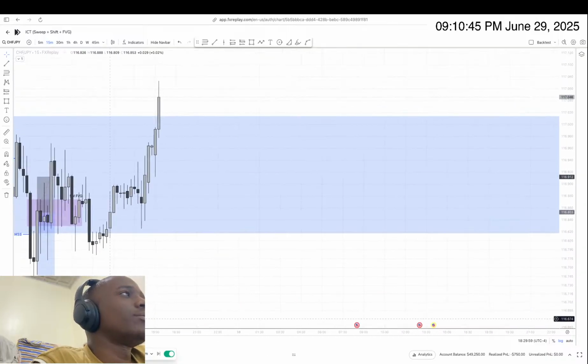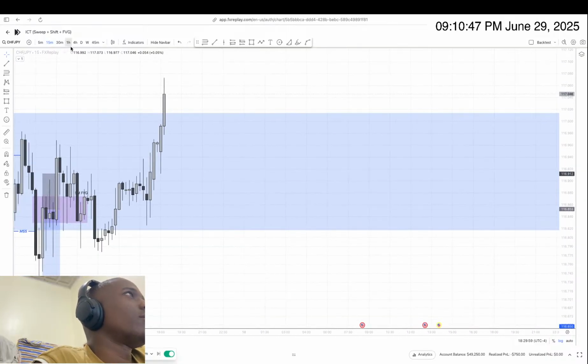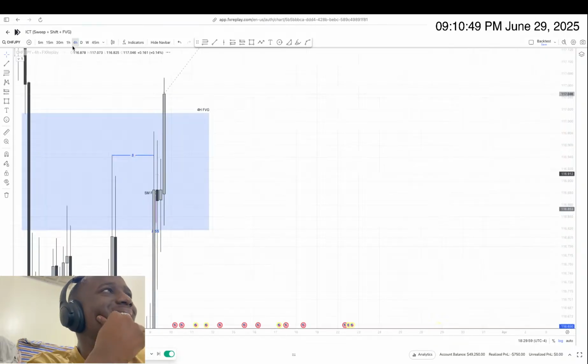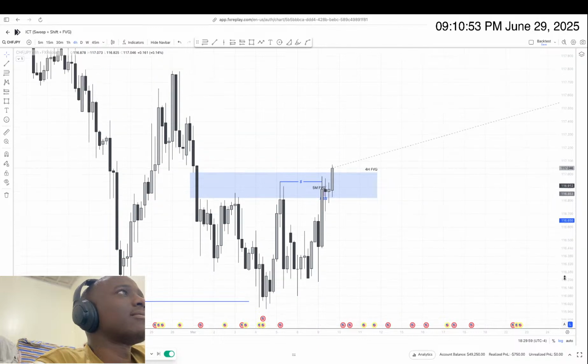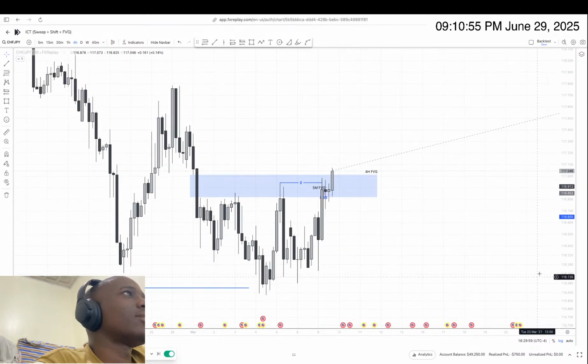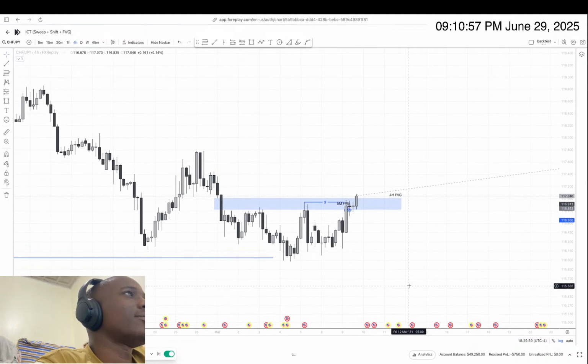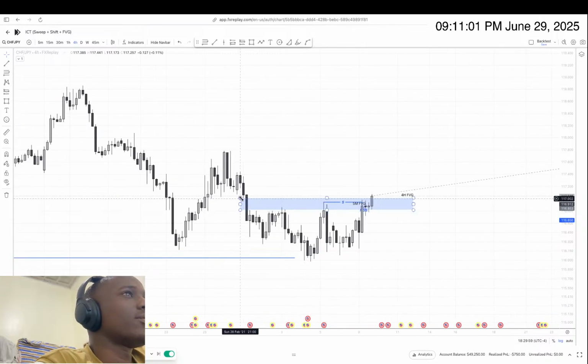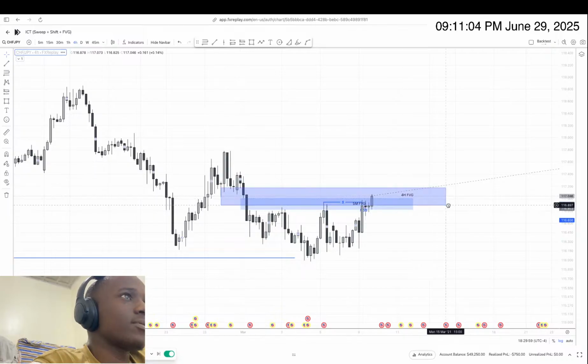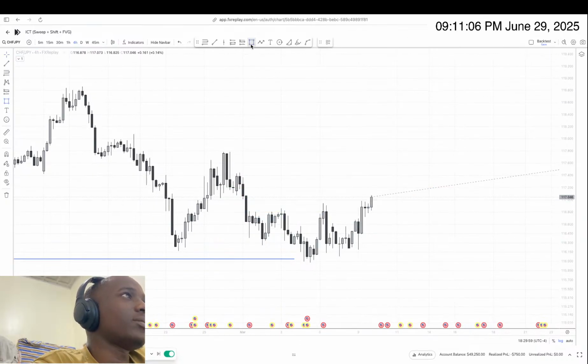Looks like we end up pushing over the fair value gap. But the next stop now is this other block. So this setup didn't work out, but the next stop is now this other block here.